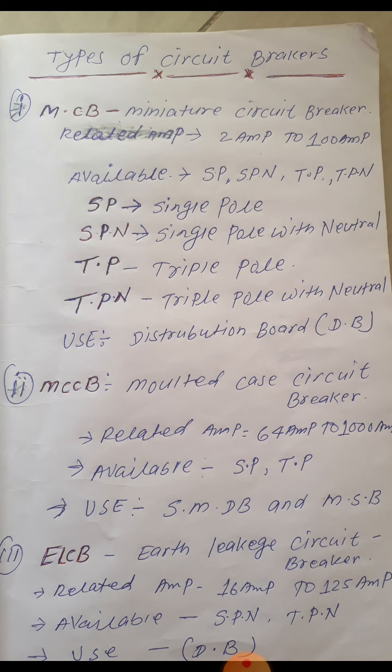TP means triple pole, used for three phase, and TPN means triple pole with neutral.